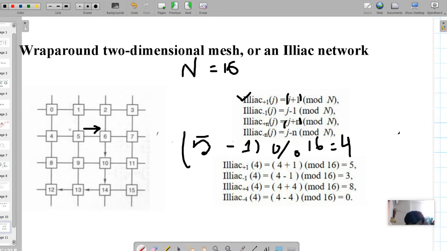You can see that processor 5 can directly communicate with processor 4. This conclusion we have got by following this second formula.